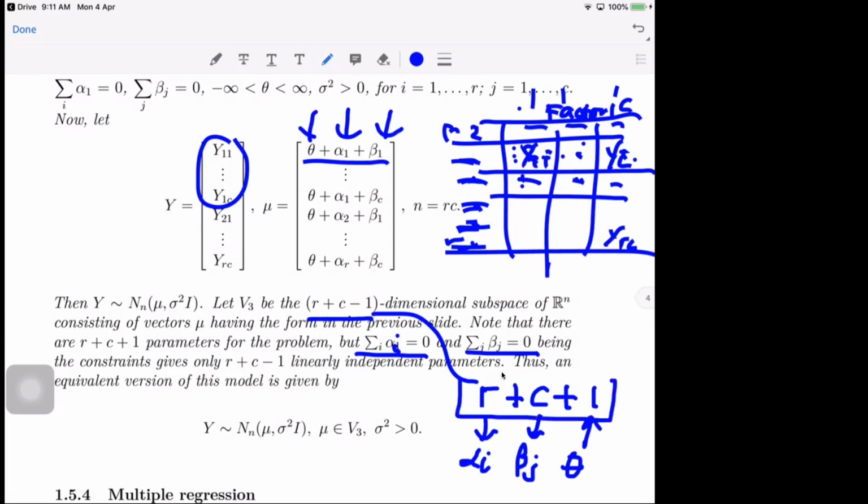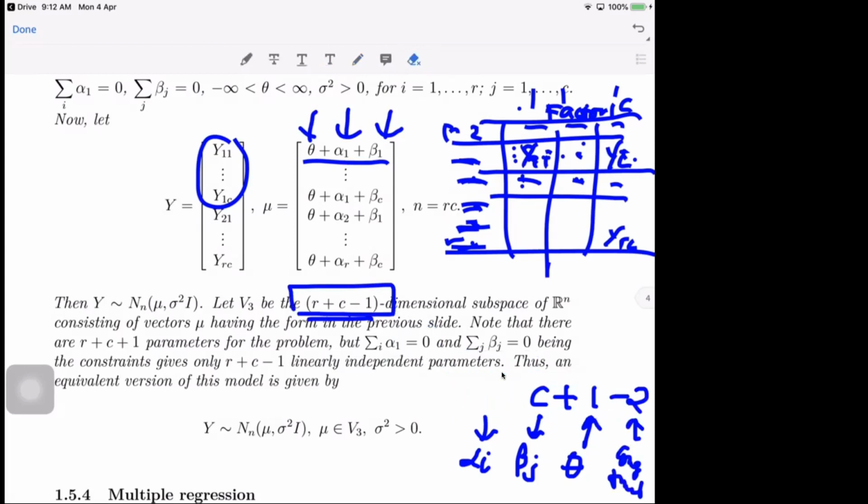So originally, this is the dimension of your V3, but you have to subtract 2 for the number of constraints. So that's why it will give you R plus C minus 1, no? The constraints are added because there will be linearly dependent variables. So to make it linearly independent, you subtract the number of constraints.